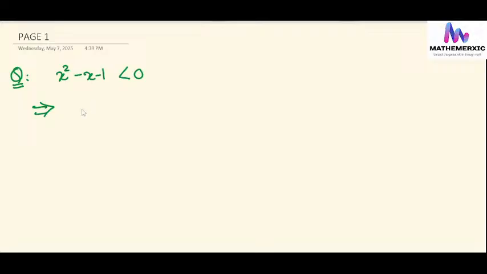So we can write this, it is greater than, not possible to write like this, it is less than 0.